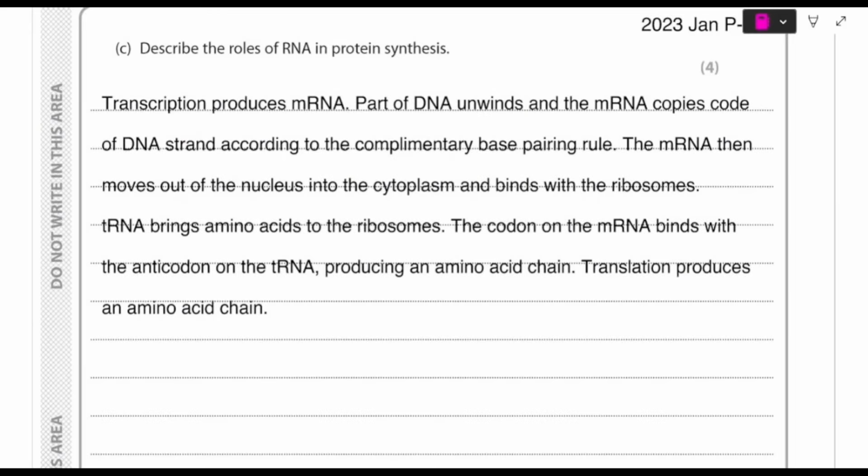The codon on the mRNA binds with the anticodon on the tRNA, producing an amino acid chain, or you can say a polypeptide chain. Translation produces an amino acid chain. So that is the whole protein synthesis, but they have asked us to write it highlighting the roles of the mRNA and tRNA.